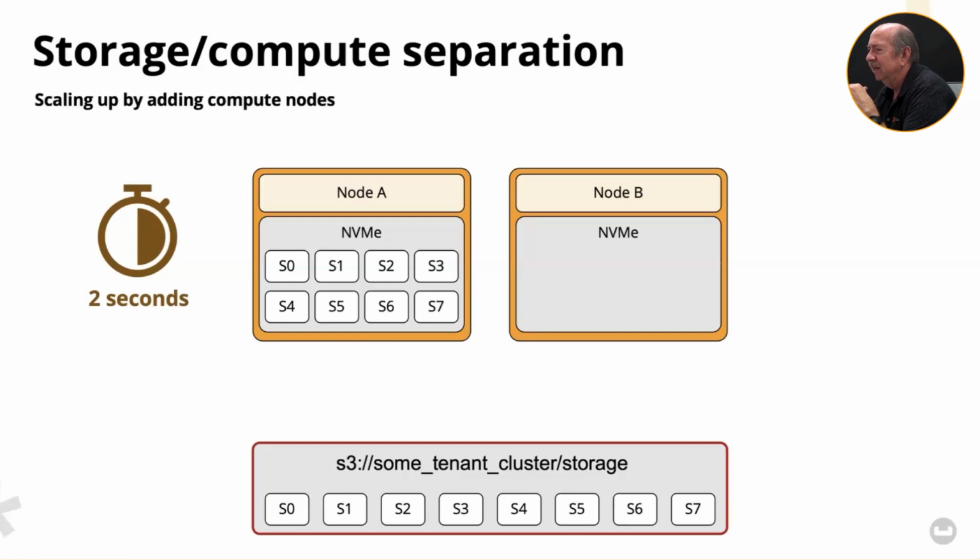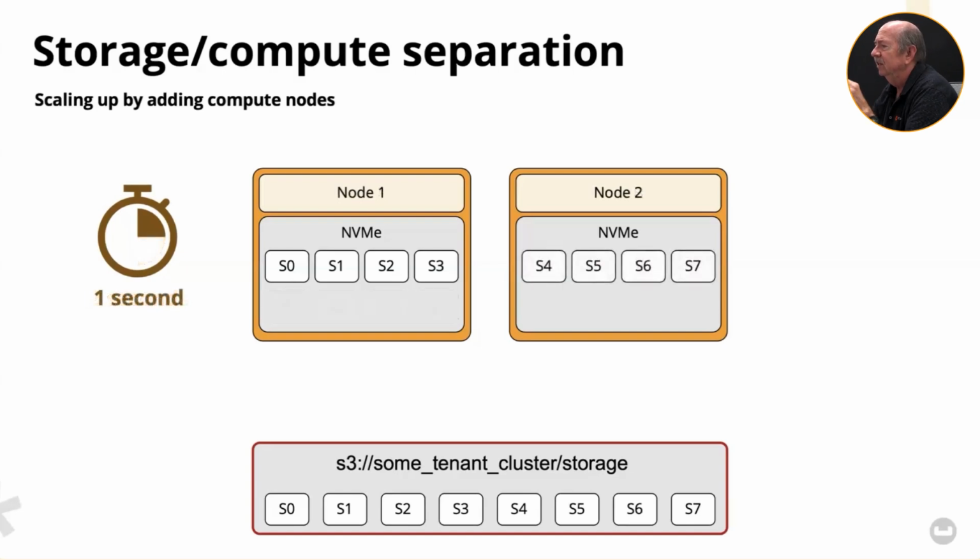We're running a query and it's taking 2 seconds, and we're like, well, that's not good. I need my answer faster than that. I need it in 1 second. So how do we solve that problem? You can scale up your Capella Columnar instance. Now we've got 2 nodes. They each are responsible for half of the stored data, and they're going to run in parallel, which we just talked about.